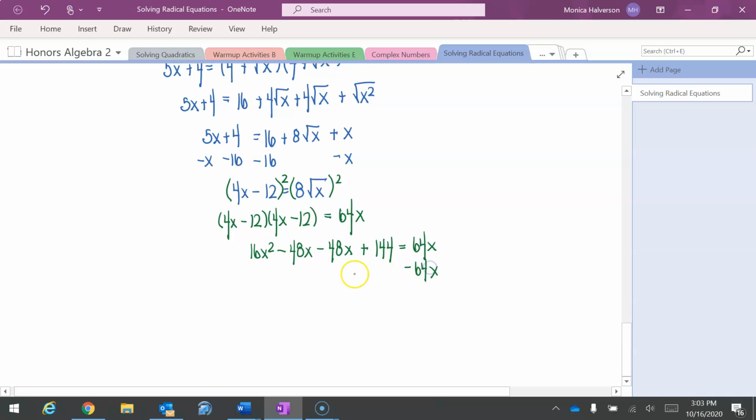Once again, we have a quadratic, so we're going to subtract 64x to the other side. By doing that, we get 16x squared minus 160x plus 144 equals 0.